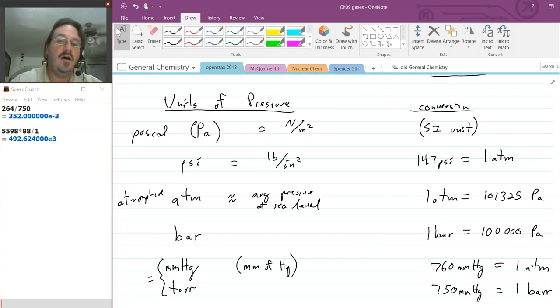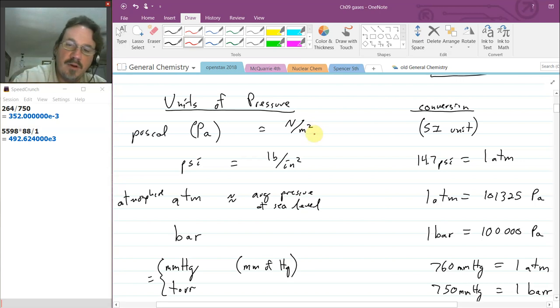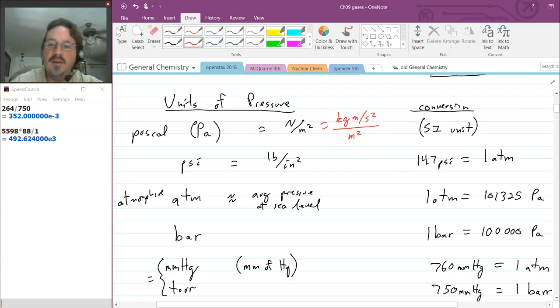So if you take it all the way down, it's kilogram meter per second squared, per meter squared. Of course, we don't go around saying that. We just say Pascal.